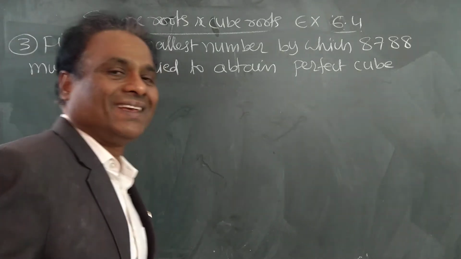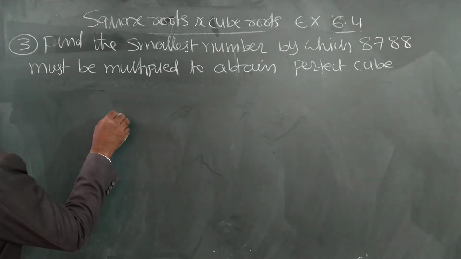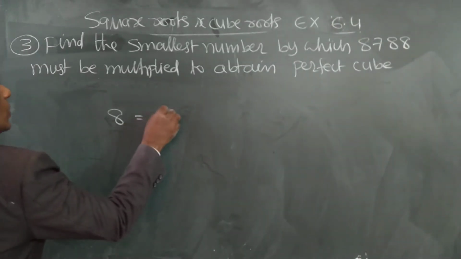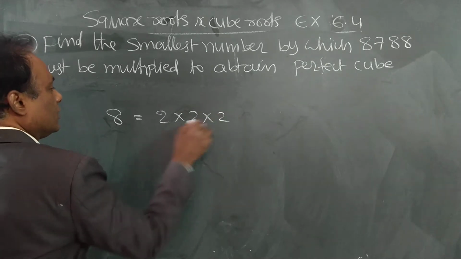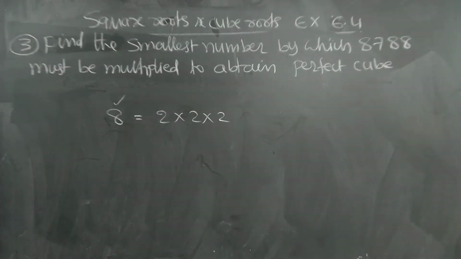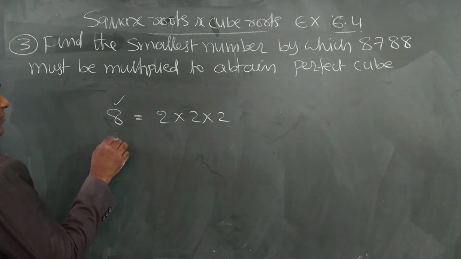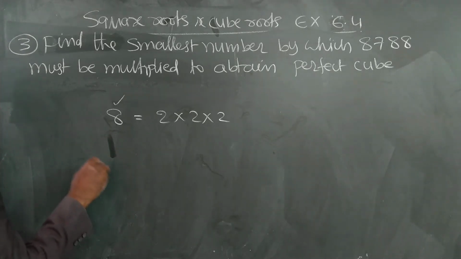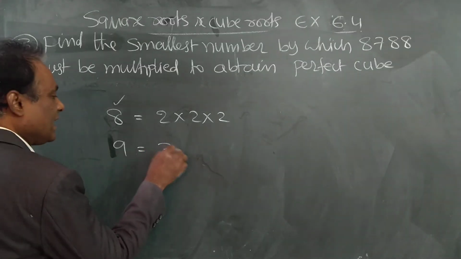See here, suppose 8 is there. 2 into 2 into 2. Because it is repeated 3 times, it is a cube. Suppose 9 is there. 9 is 3 into 3.